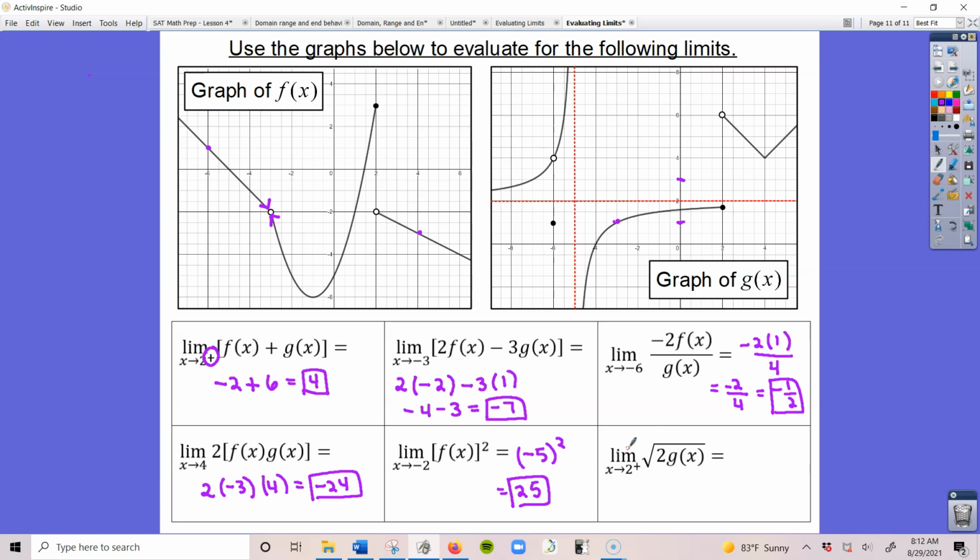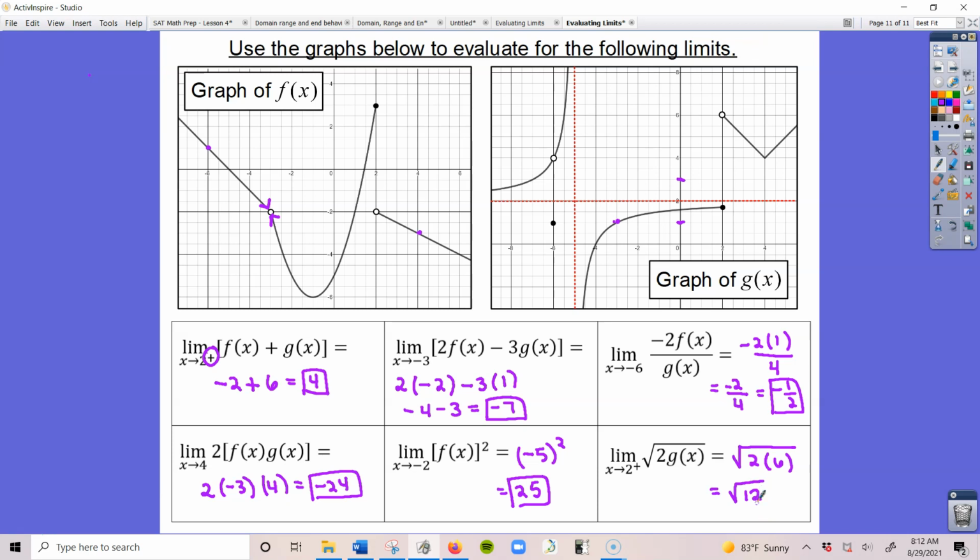Last one, the limit as x is approaching 2 from the right of the square root of 2g of x. So we're just going to keep it inside of the square root, that's 2. And now we find the limit as x is approaching 2 from the right of g of x, which is the 6. 2 times 6 is 12, so we have the square root of 12.